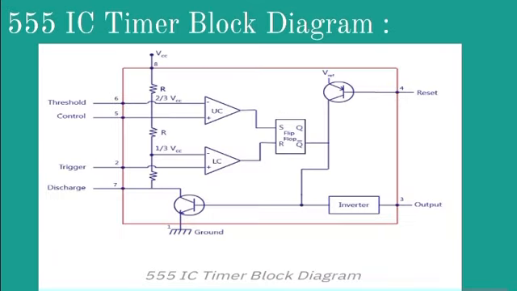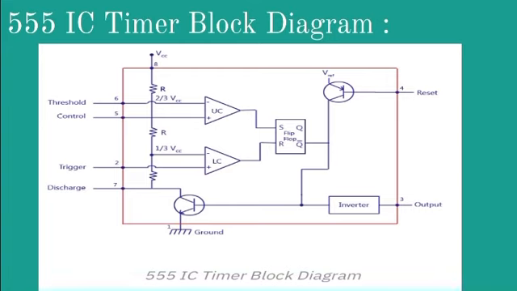Okay. So in most applications, the control input is not used, so that the control voltage equals plus 2 by 3 VCC. So here the upper comparator has a threshold input, that is pin number 6, and a control input, pin number 5. Okay, so the output of the upper comparator is applied to the set input of the flip-flop.